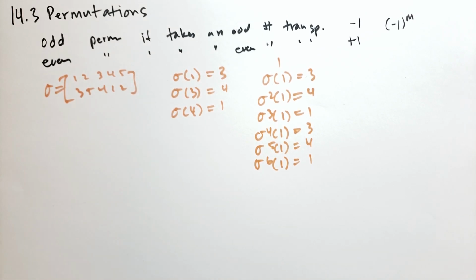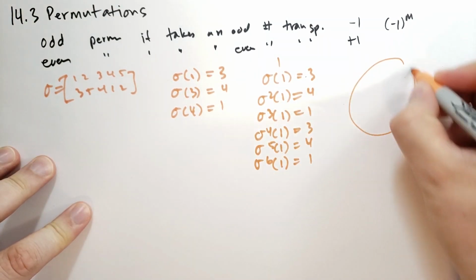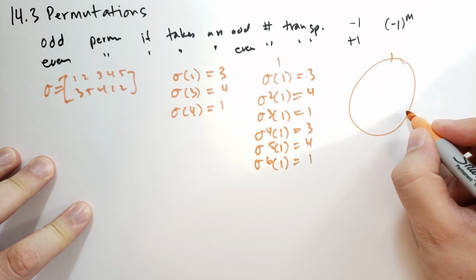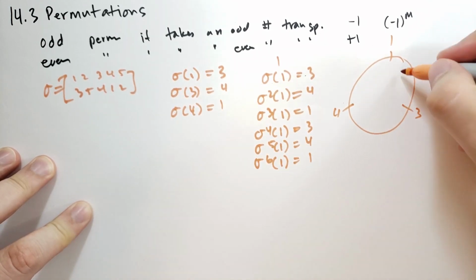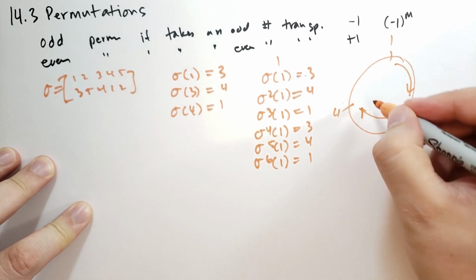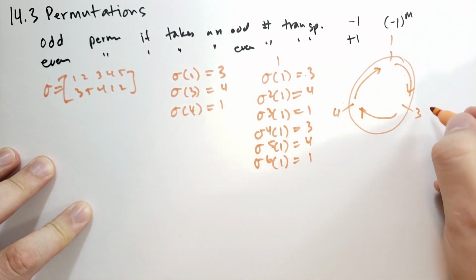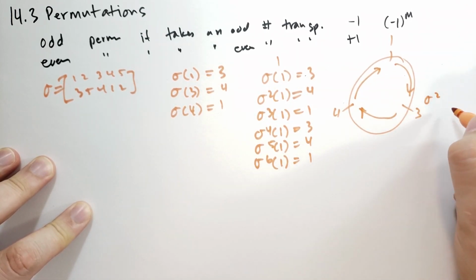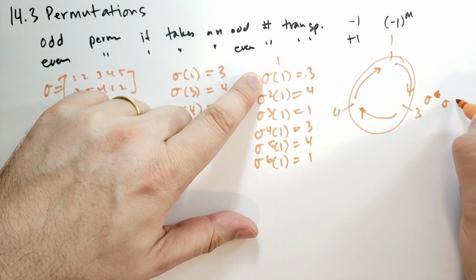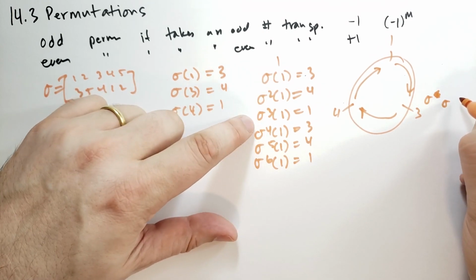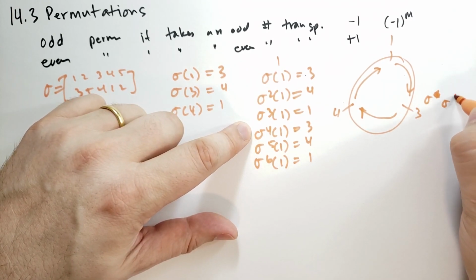Let's draw a picture of what this might look like. We have a circle. We start at 1, go to 3, go to 4, and go back to 1. This is what happens every time we apply sigma. Here we have sigma to the 1st and sigma to the 4th power.